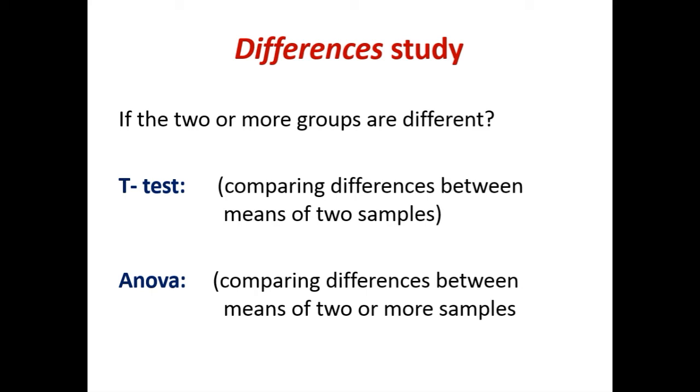So, in that kind of situation, if we have two groups or more, and we are trying to see whether their mean scores are different or not, one option is the t-test, where you compare differences between means of two samples, while ANOVA, that is analysis of variance, compares differences between means of two or more samples. So you can do ANOVA for two samples as well, and for more than two, three, four, five. However, the t-test is only done for comparison between two samples.